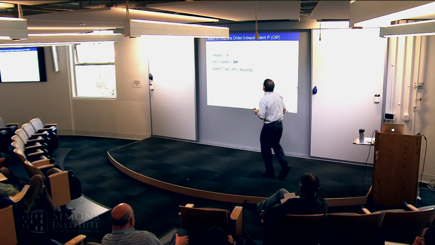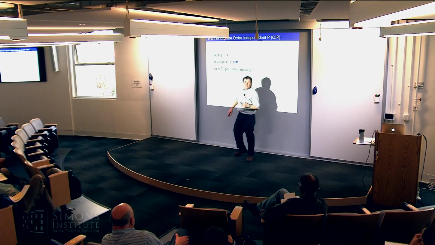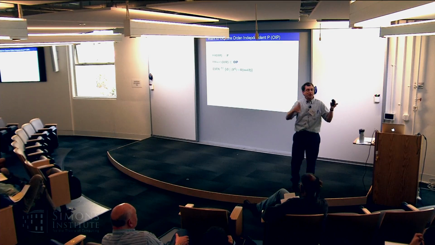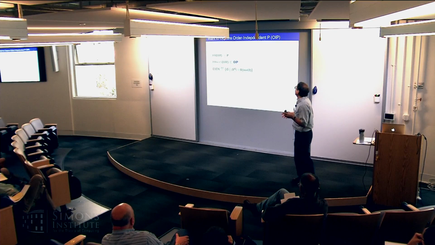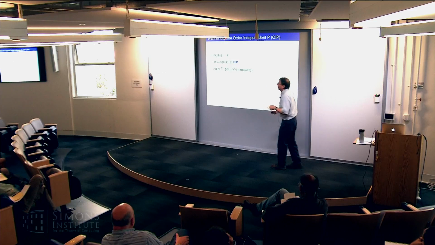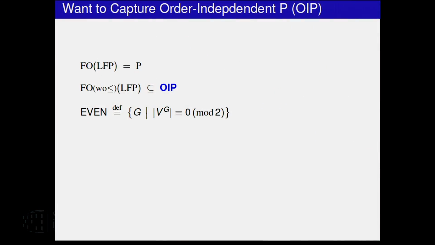So even something as simple as saying, does my graph have an even number of vertices? Or, if you know how to count the universe, does it have an even number of edges? Those are not in this language. So even is an example of something in order independent P, but not in this candidate language without the ordering. So our first trial, first order without ordering plus fixed point, is not strong enough.